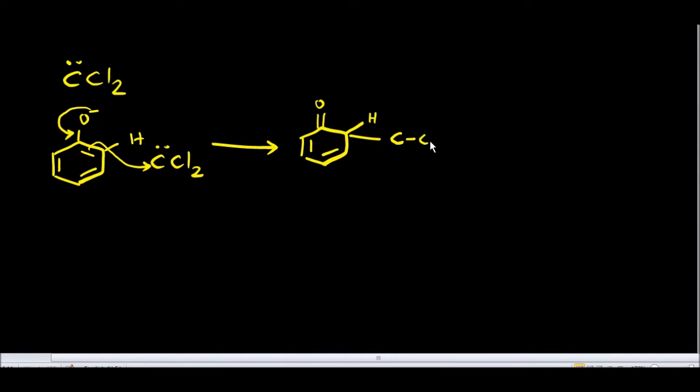Now this is going to connect like this. The carbon is getting connected with two chlorine atoms. Now this carbon intermediate is joined with the benzene ring. Once a new bond is formed, this extra pair of electrons carried by the carbon is written as minus.